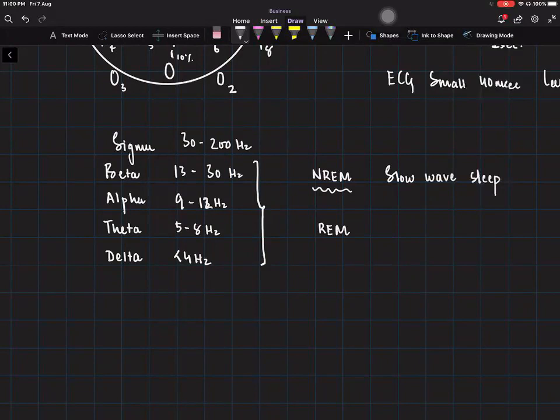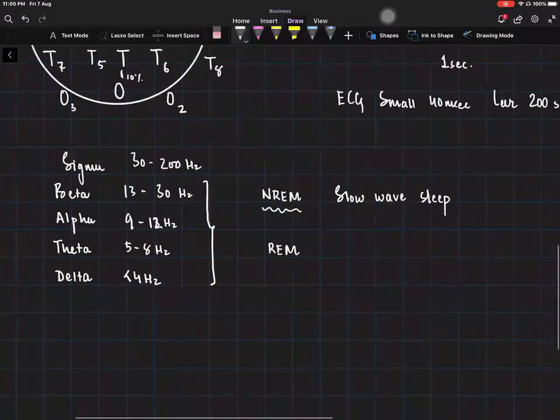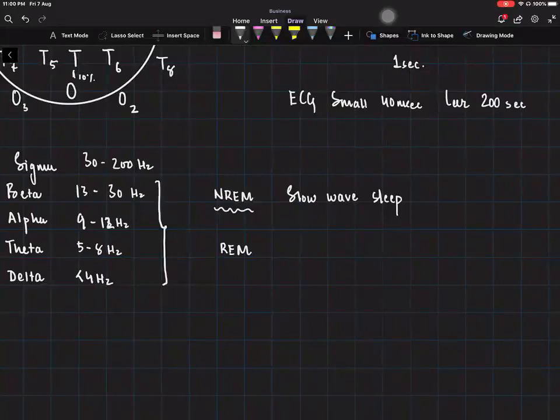The NREM sleep is essentially your slow wave sleep, right? And your REM sleep is comparatively fast wave sleep. And specifically within NREM, in the first stage, you will have theta waves.